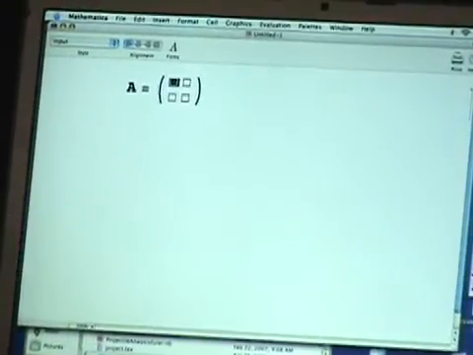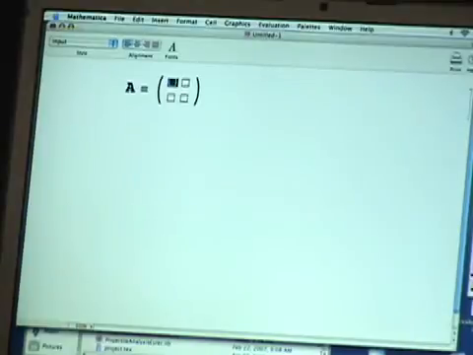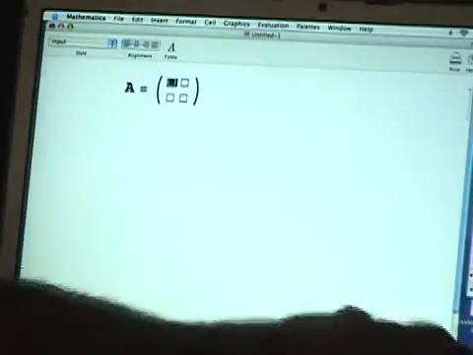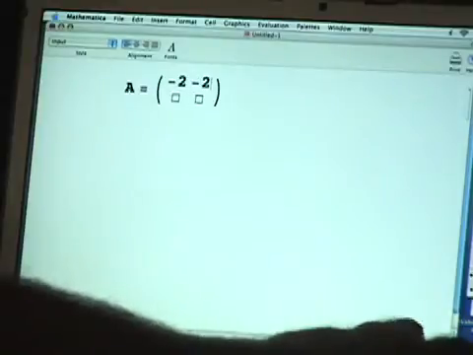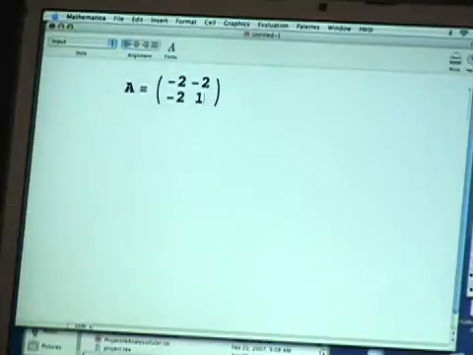And you can enter your numbers as you see them in math books. For this example that we just did, -2, -2, -2, +1, and I'm tabbing over from each square to get to the next square.